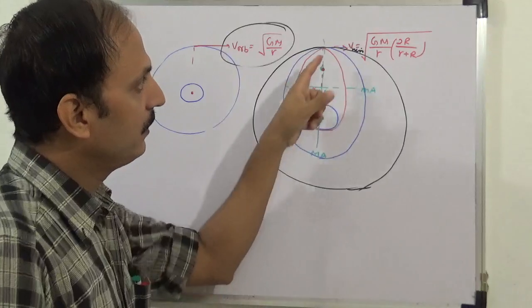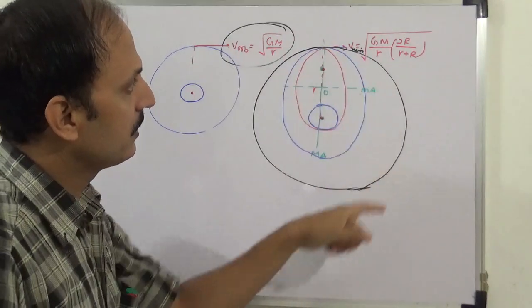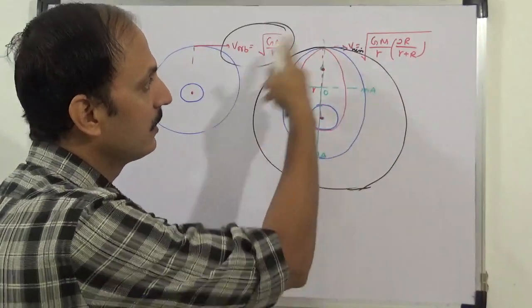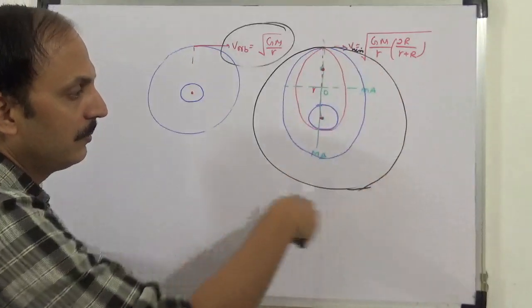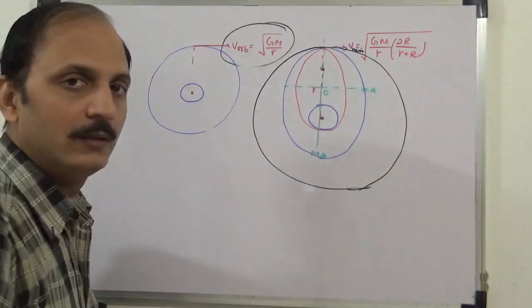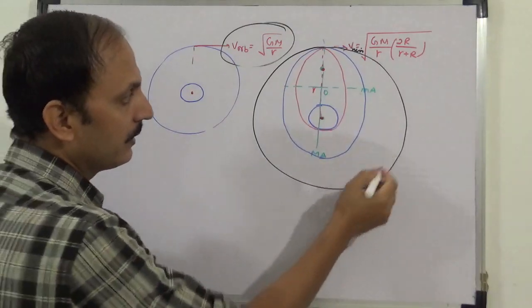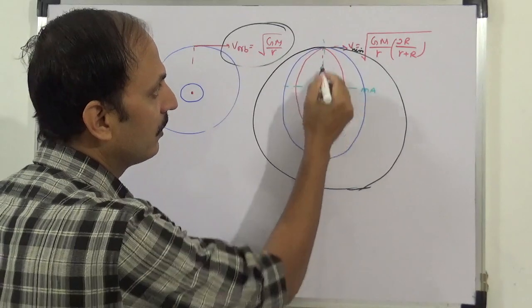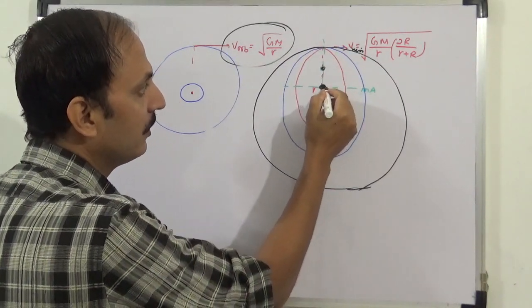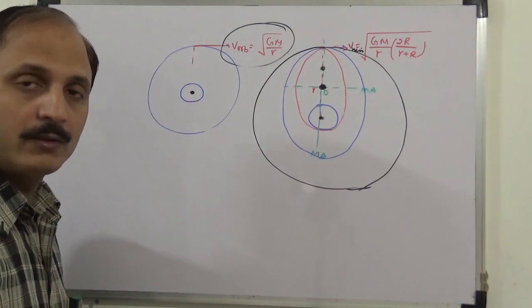And if you keep increasing this velocity from here, its trajectory will keep on increasing, and for one velocity it is going to move along the circle, which I have drawn here, the black one. Now when it is a circle, the two foci will coincide here. Earth will be at the center of the circular orbit.